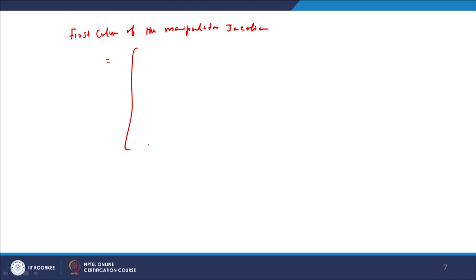It is actually given by the values minus nx py plus ny px, minus ox py plus oy px, and nz oz az.